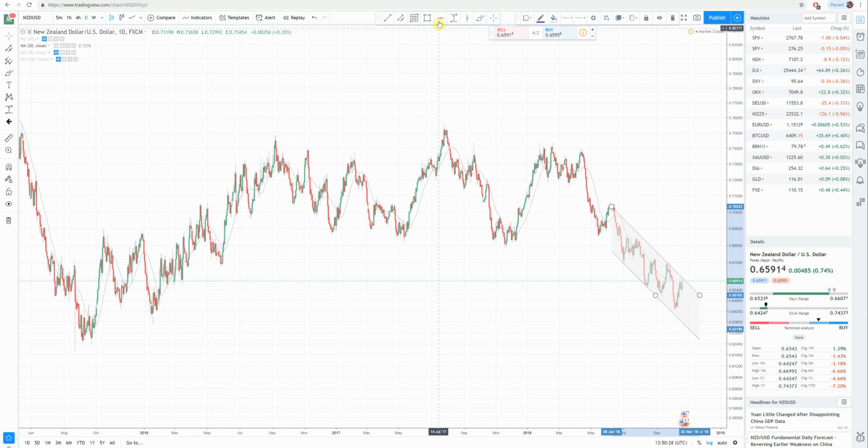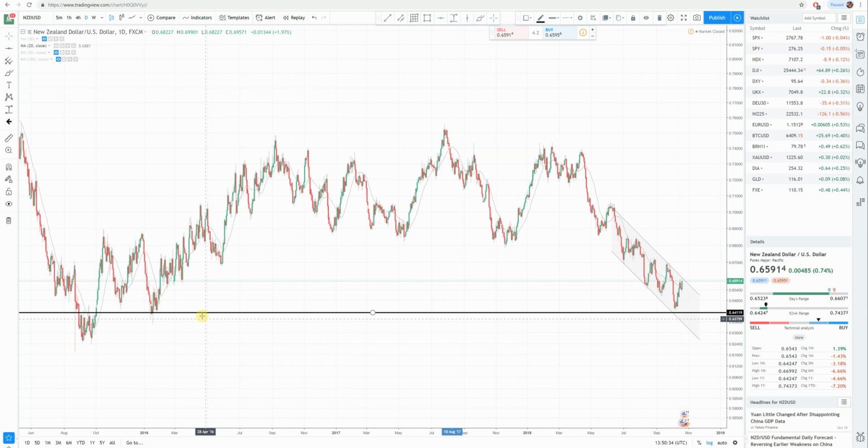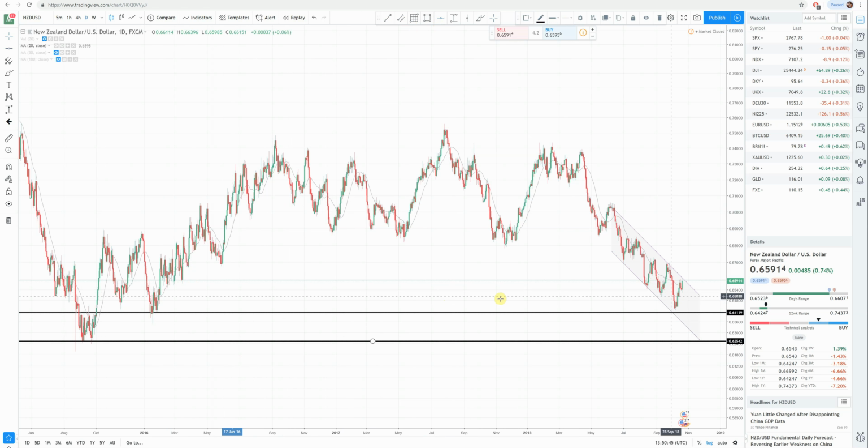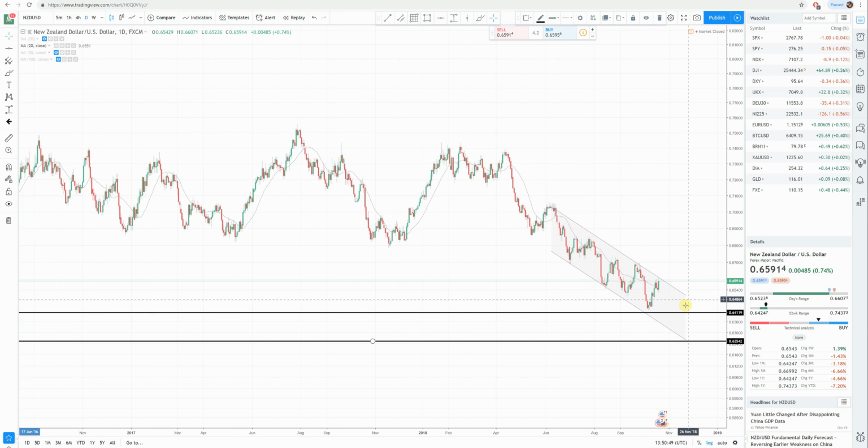This level of support has not been hit since January 2016. Alright, and then it must be a strong level for the price to bounce off that again.